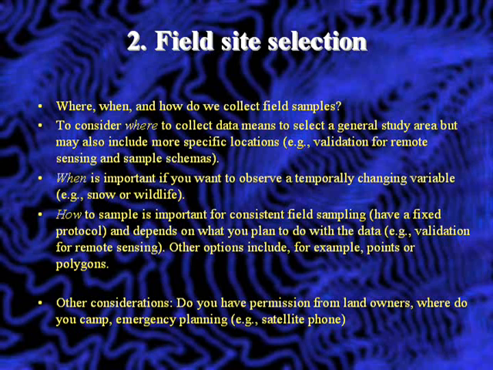Then how to sample is important for consistent field sampling. For example, if we all go out and I tell you, please record the age of this plant using the stem diameter. Well, everybody will measure it at a different distance from the ground.